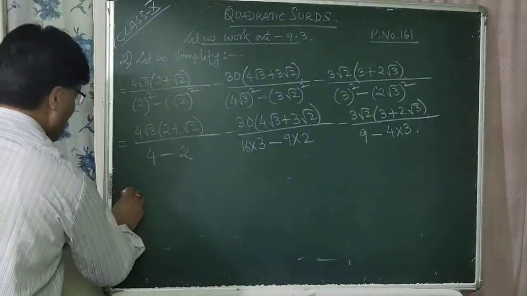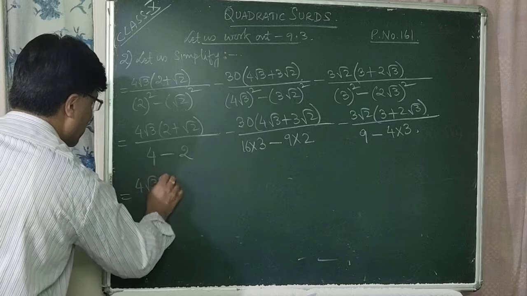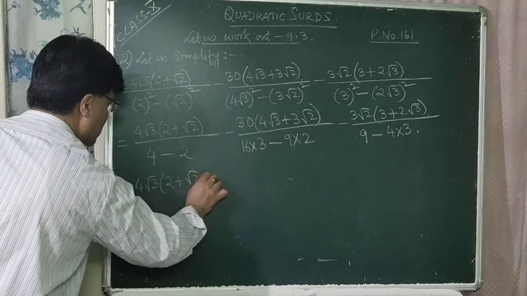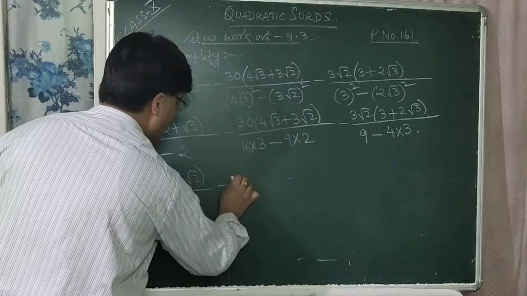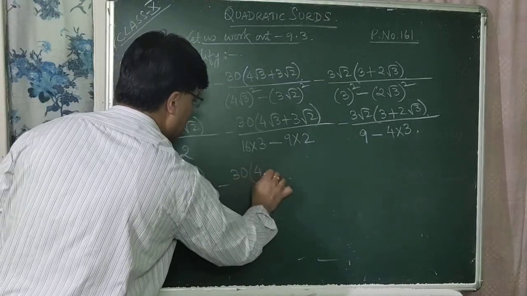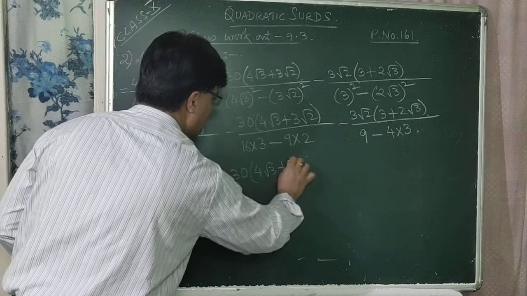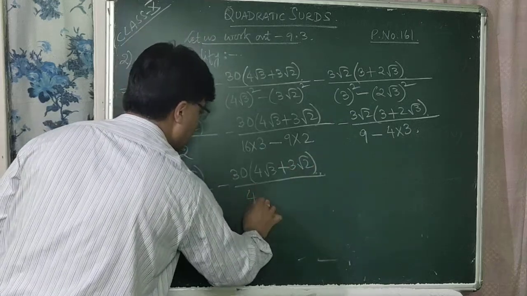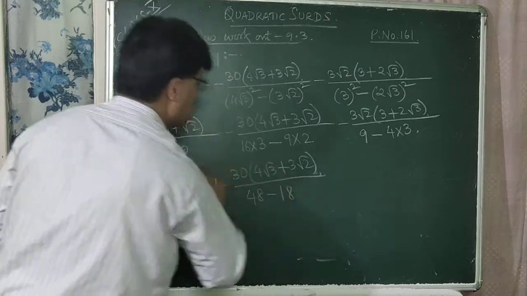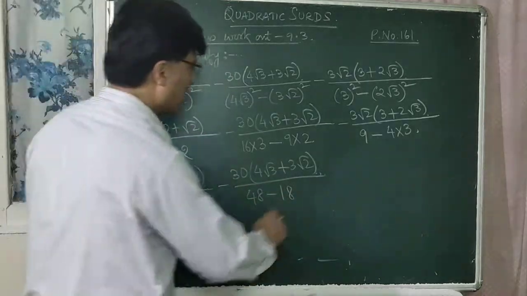Now let us simplify it, which is equal to 4√3(2 + √2) whole divided by 4 − 2, which is 2, minus 30(4√3 + 3√2) whole divided by 16 3s are 48 minus 9 2s are 18, right?